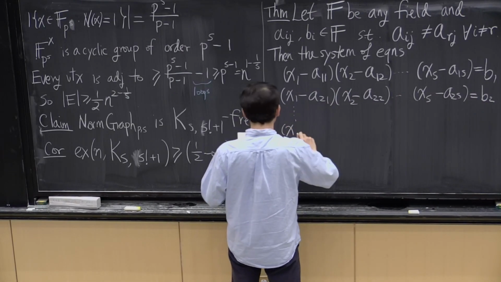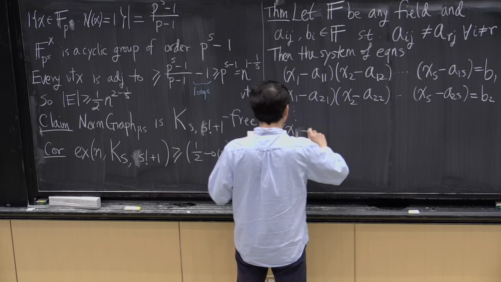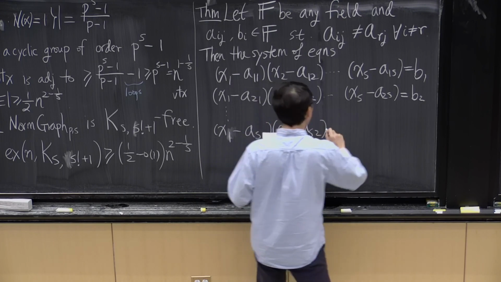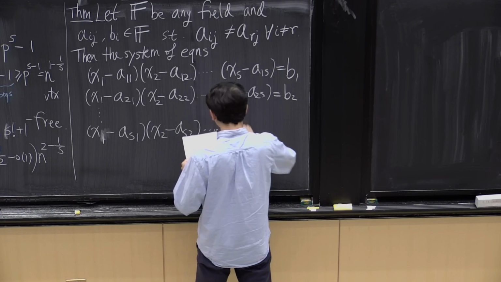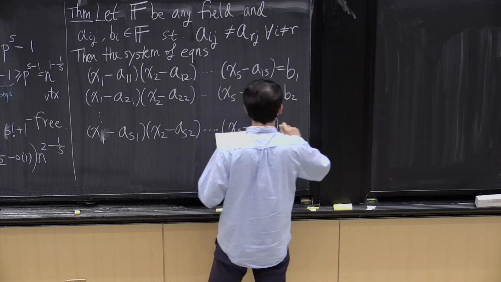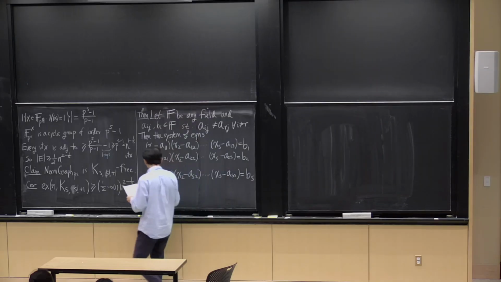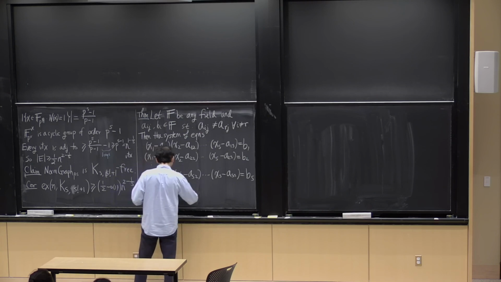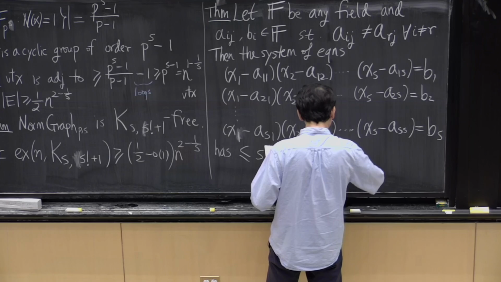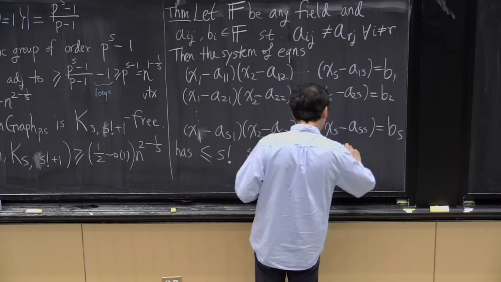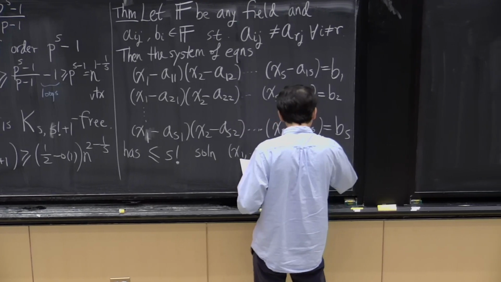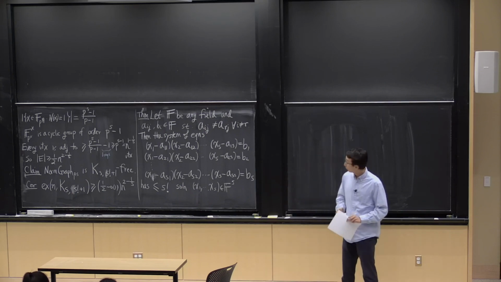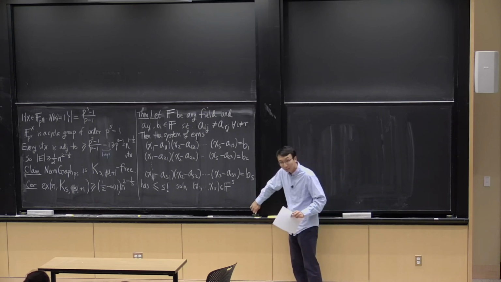And so on, the last one being (x_1 minus a_{s1})(x_2 minus a_{s2}) dot dot dot (x_s minus a_{ss}) equals b_s. The system has at most s factorial solutions where I'm working inside this field. Okay, so that's the claim. Let me just give you some intuition for this claim.